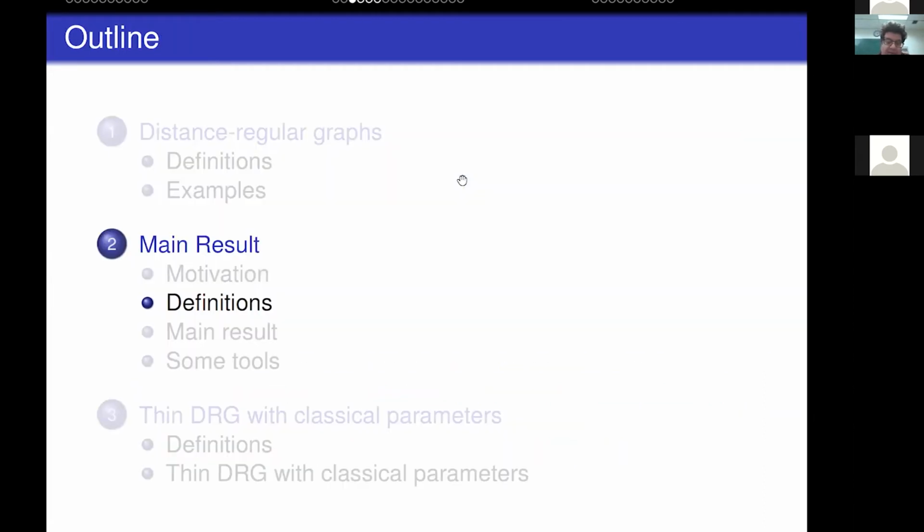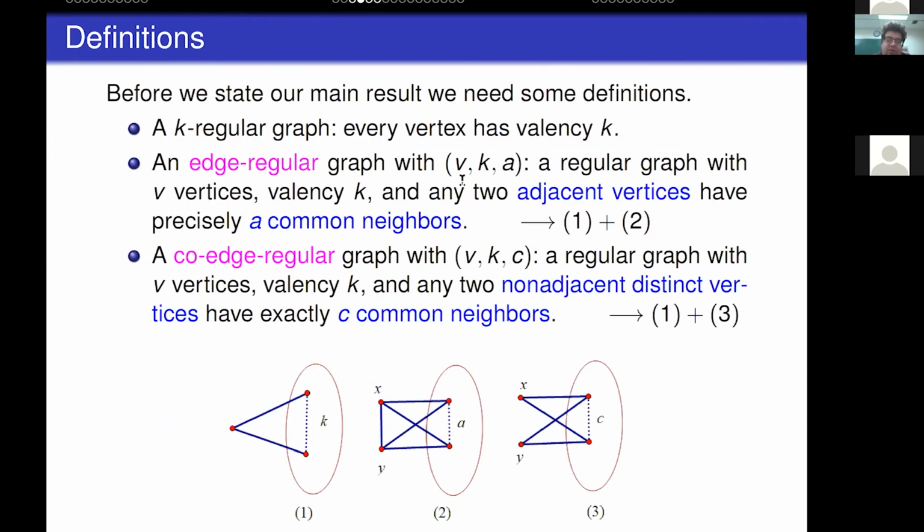So I need some definitions. A k-regular graph is when every vertex has the same number of neighbors. An amply regular graph with parameters v, k, a means every vertex has k neighbors, and if I look at an edge, it lies in a common triangles, that is, the endpoints have a common neighbors, and likewise mu for vertices at distance 2.